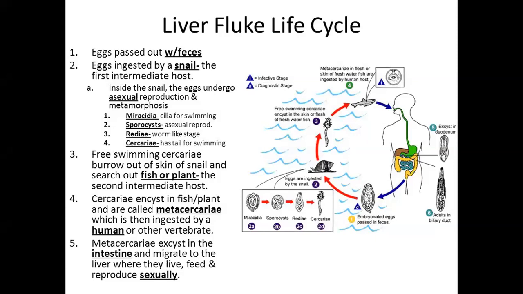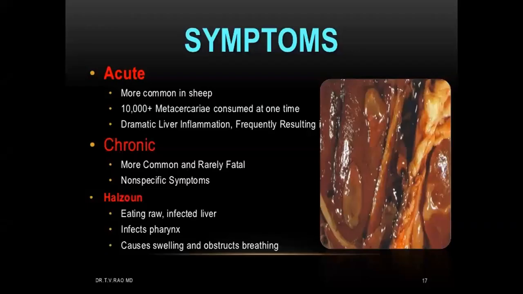Cercariae encyst in fish and plants, called metacercariae, which are then ingested by humans or other vertebrates. Metacercariae excyst in the intestine and migrate to the liver where they live and feed. Well, this is a cycle you can easily download from Google, but you can see that this is the whole cycle through which the liver fluke life cycle happens.